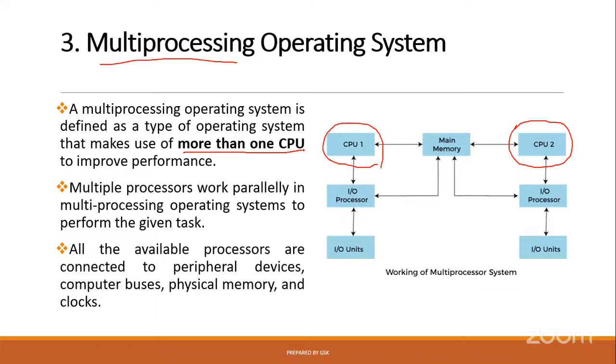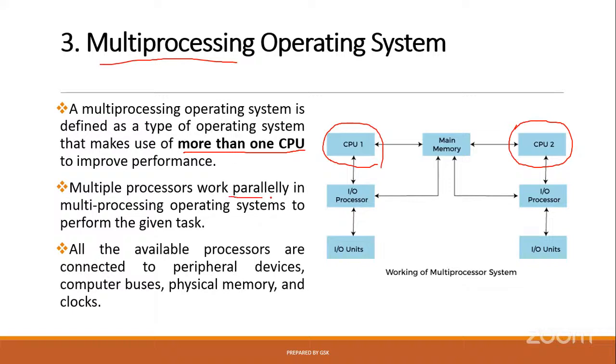The same work, if we divide it and give it to two persons, can be finished in 5 minutes only, half the time, because two people are doing the same work. In the same way, if you are using multiple processors, multiple CPUs, obviously the performance will be improved. So that is the main concept in multiprocessing.